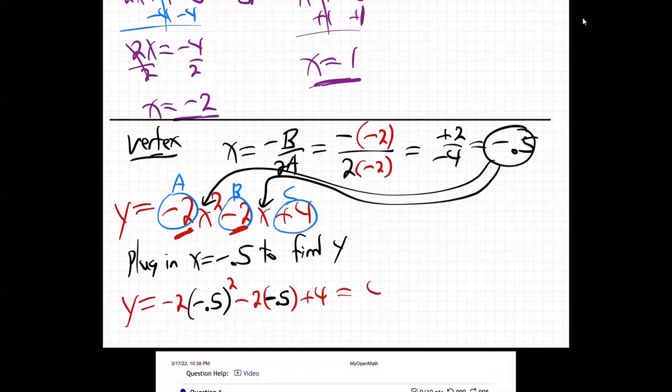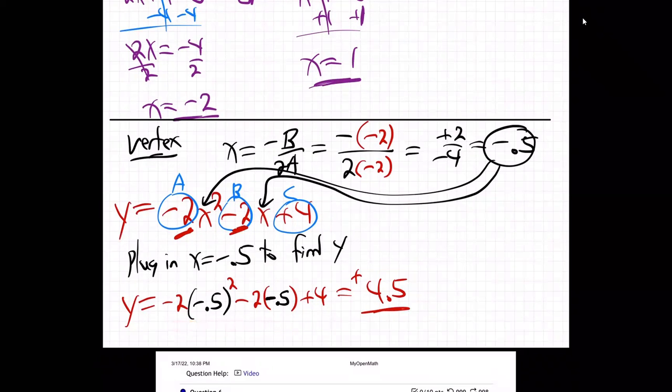So I'm getting positive 4.5 when I do all that. Let me double check that. Yep, 4.5. So be careful. Hit the buttons. Type this in just like it says. Make sure you use those parentheses.